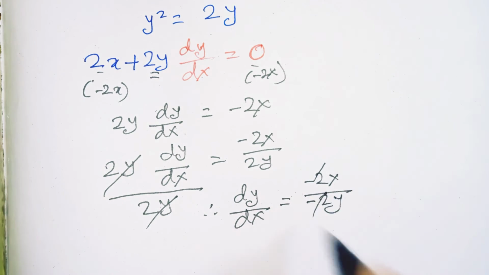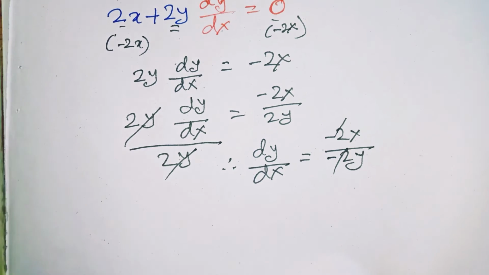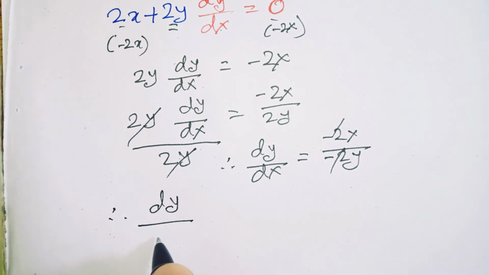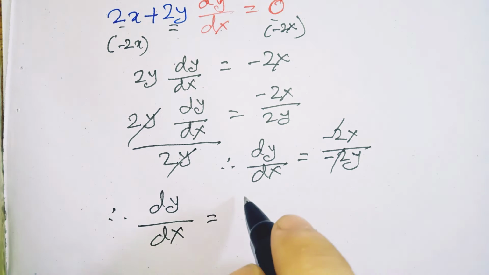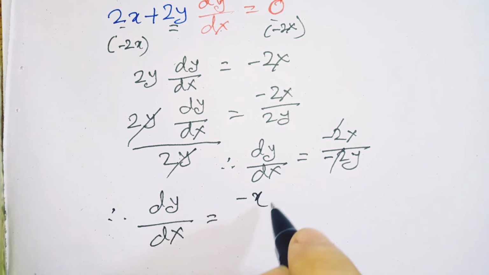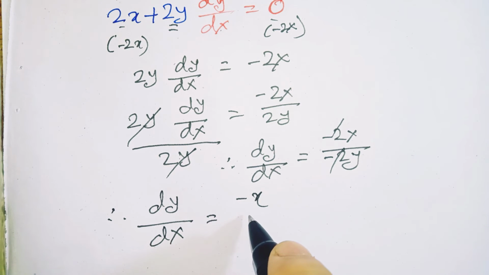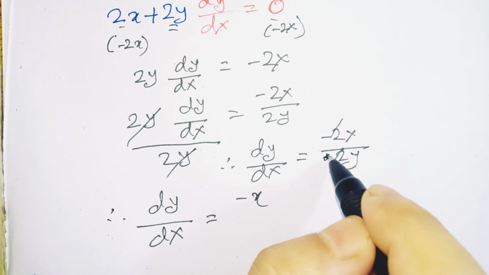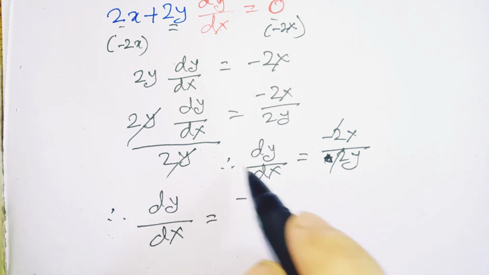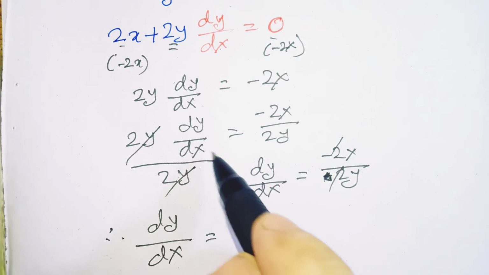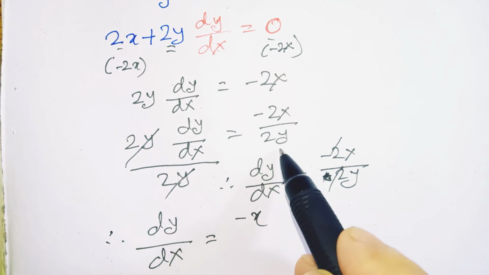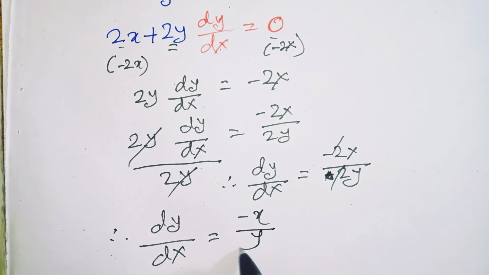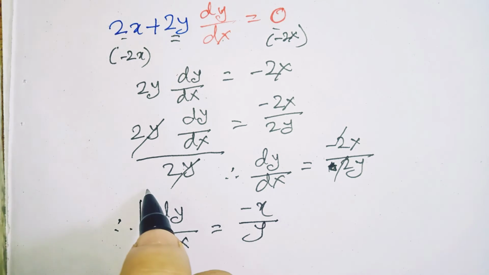To solve things further, we cancel these out. So what we get finally is dy by dx equals minus x. I'm so sorry, this won't be this. Let me check. Minus 2x, yeah, this is 2y, yeah. So it would be minus x by y.